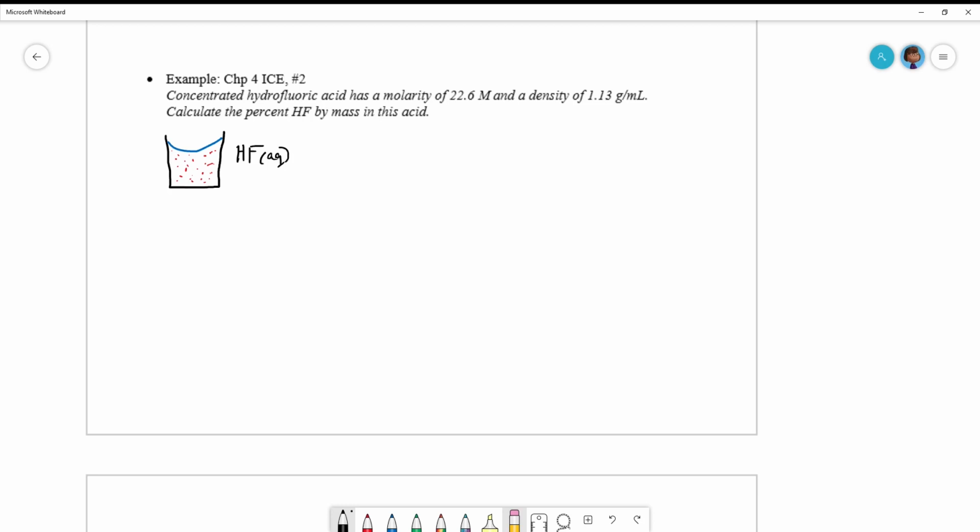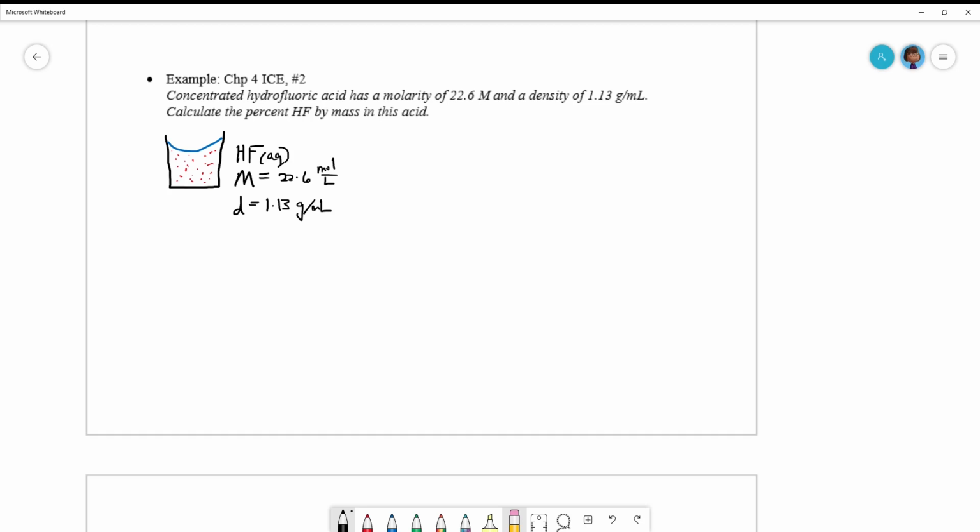Okay, what do we know about this acid solution? Well, we know its molarity concentration. It is 22.6, and I'm going to write it in its formal units, moles per liter. And we also know the density of this solution, 1.13 grams per milliliter.